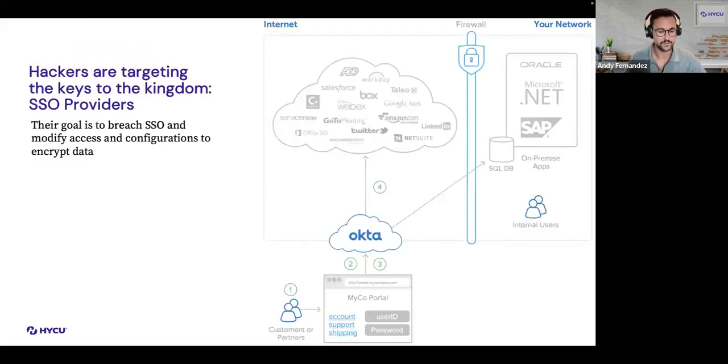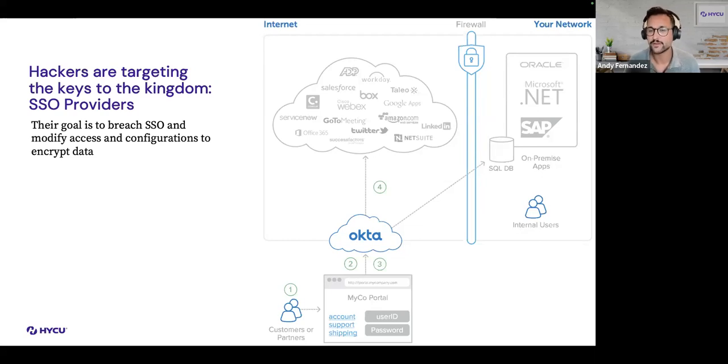Now, what does this actually mean? Well, if you were a hacker, what would you focus on? Where would you go to get access to anything that an organization could have? What would be the keys to the kingdom? Well, it's the SSO provider itself, whether that's Ping ID, Duo, Okta, Entra ID, you name it. That is the keys to the kingdom. It's a critical service. It's an incredible service that delivers a ton of value, that you can enable MFA. But guess what?